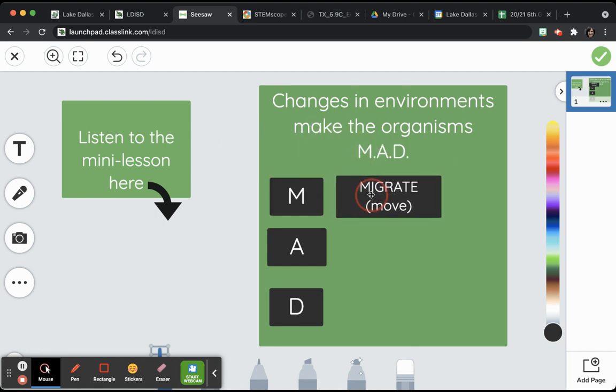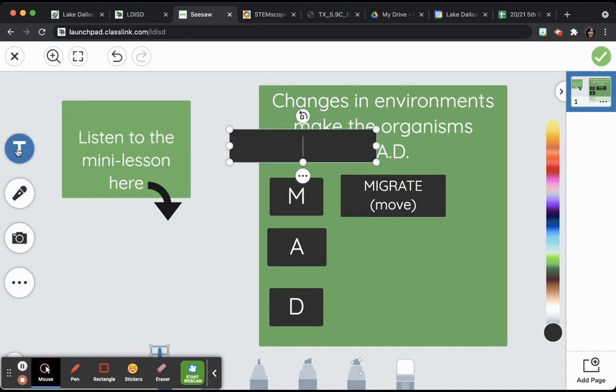So one thing that could occur in an environment, let's say it's a forest and a highway is being built through the forest, or it's being cleared because a new neighborhood is going in. Well, the living organisms there could migrate, or move, to another forest type area. So that is what migrate means. That's what the M stands for.